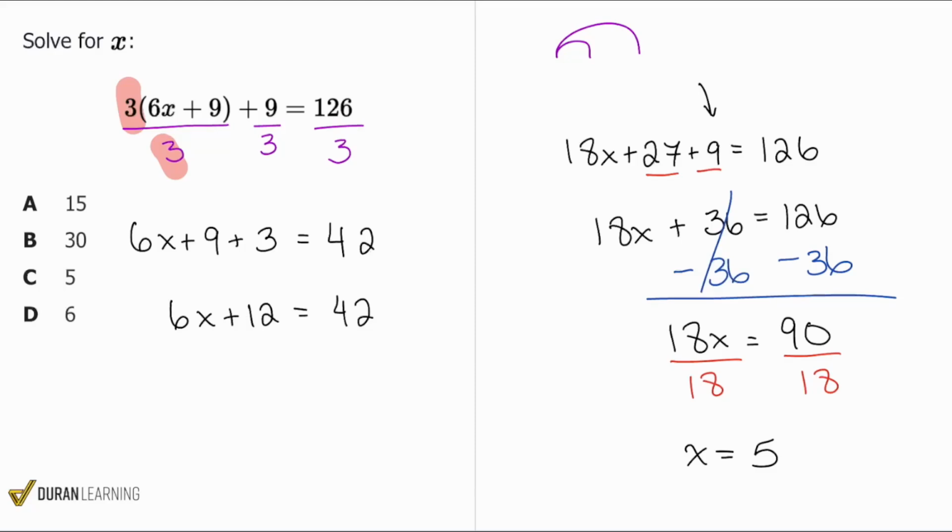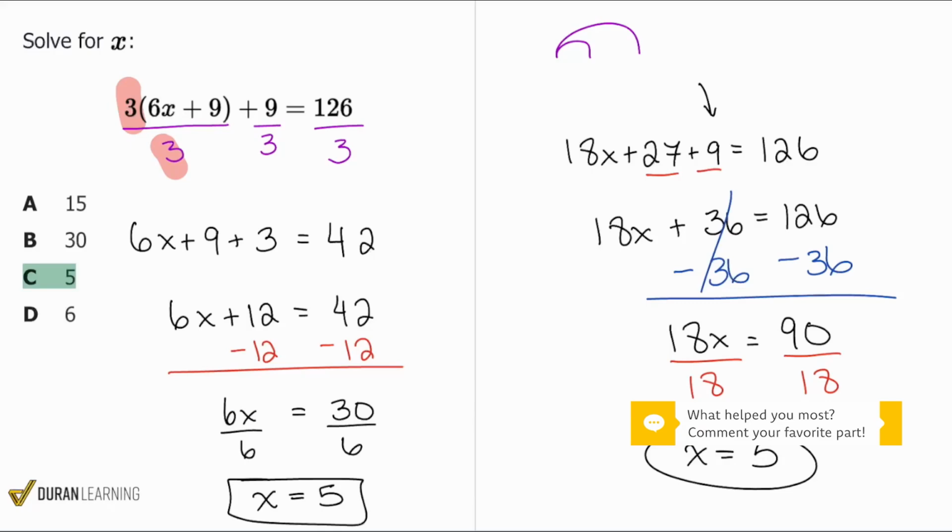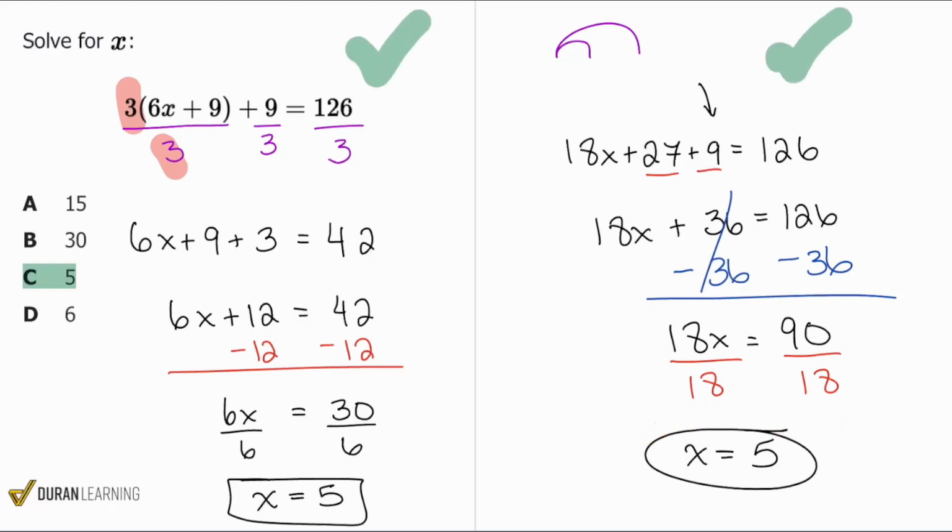Once we got that fraction out of the way, now we can just complete this by subtracting 12 on both sides, which gives us 6x equals 30, and then divide by 6 on both sides to give us x equals 5. Again, the same correct answer could have been done with some mental math, could have saved us some time, but regardless, both of these methods are correct, and they both work.